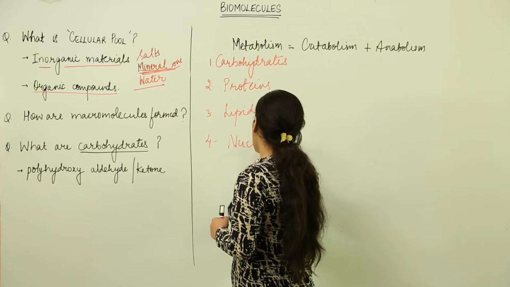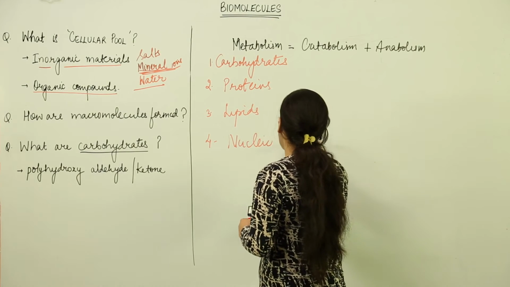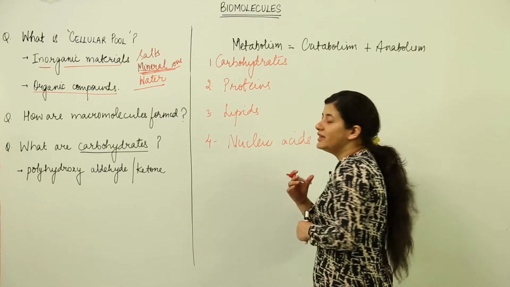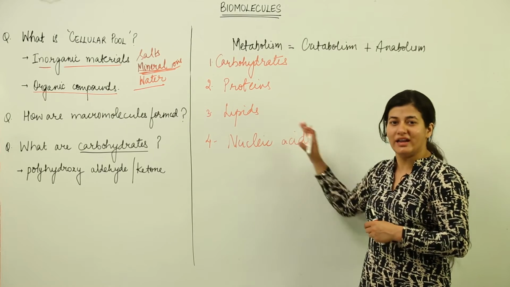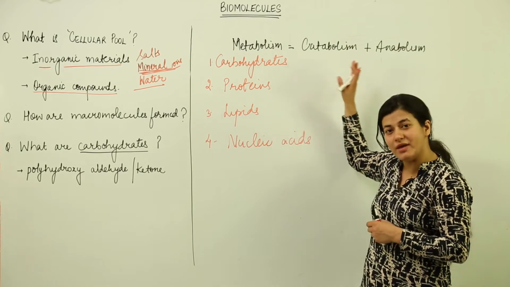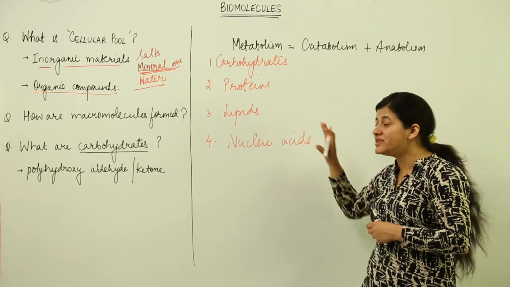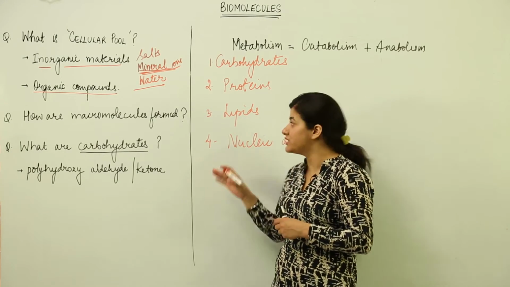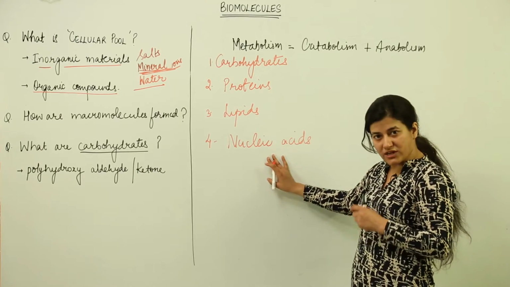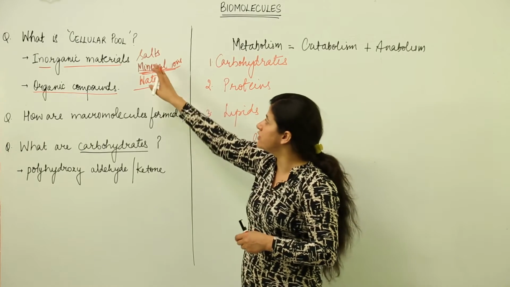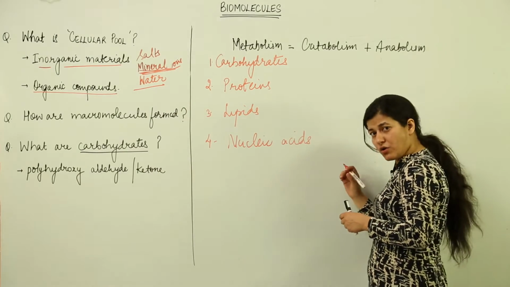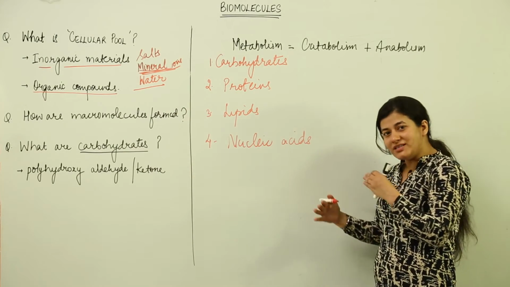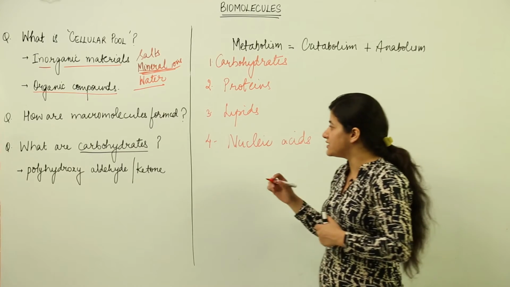So these four organic compounds interact with each other. They have such characteristic properties which enable them to carry out the functions of catabolism and anabolism and maintain the cell as a living entity. These four organic compounds are responsible, along with the salts, mineral ions and water, which are transported through and across the cell, so that the cell maintains that living status in itself.